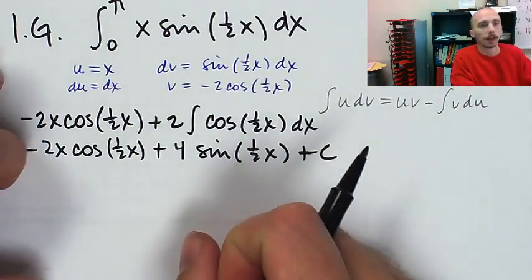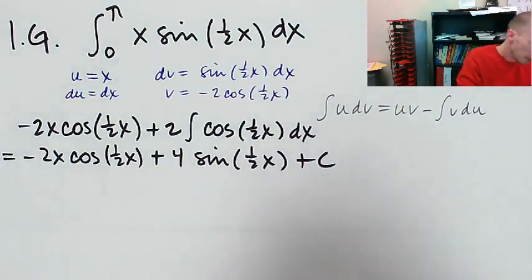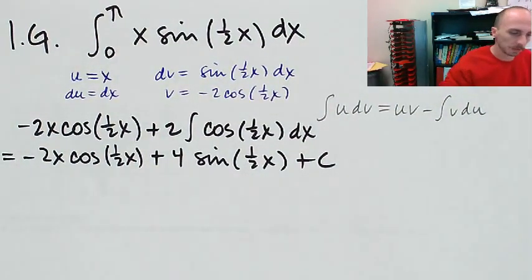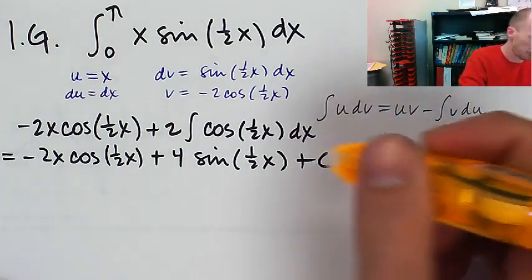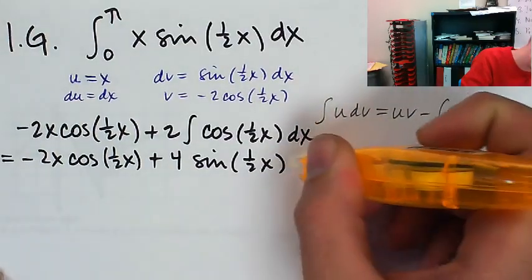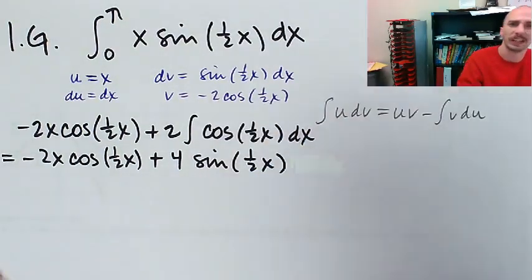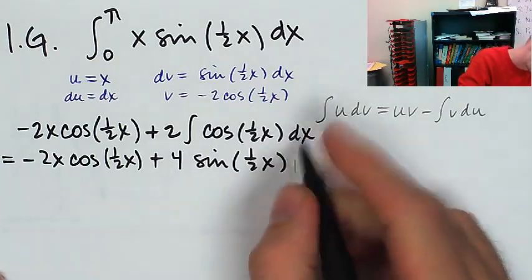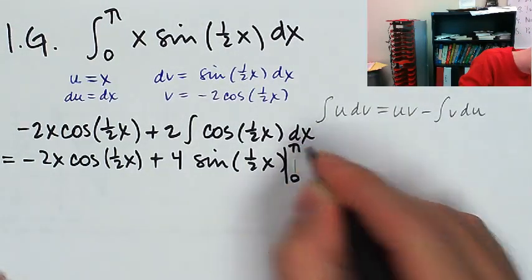Nope, no plus c, because it's going from 0 to pi. This is an antiderivative, and if you make a mistake like that, you can say, okay, I got myself an antiderivative, that's all I need, really, right? I can let this run from 0 to pi.